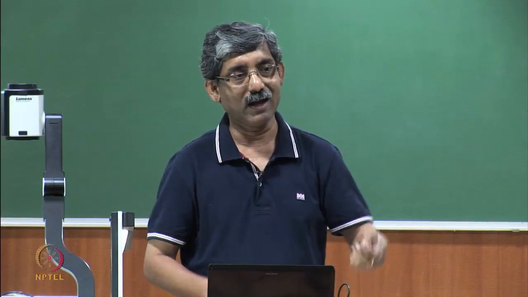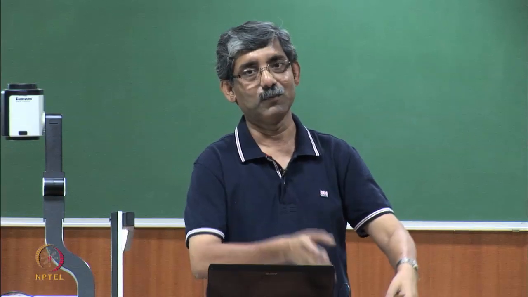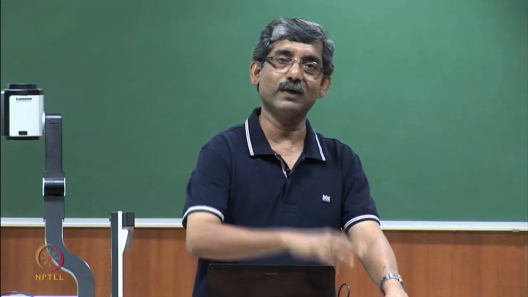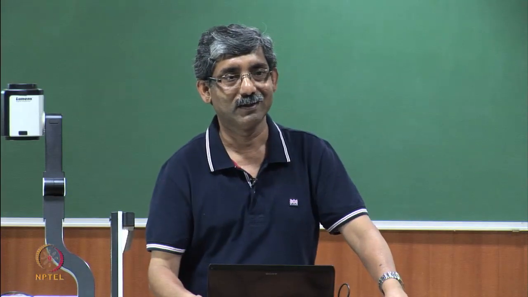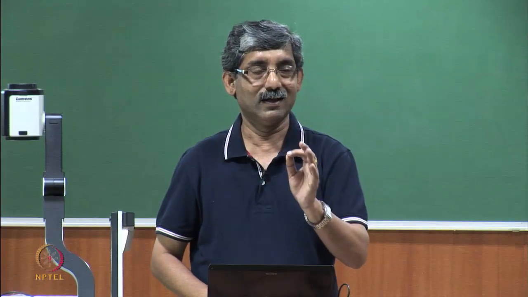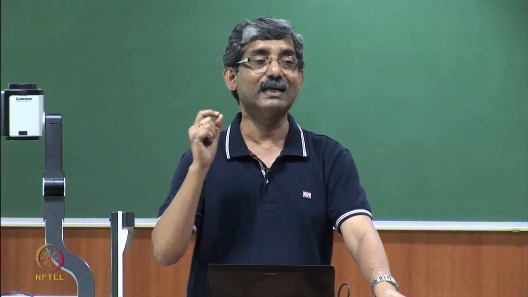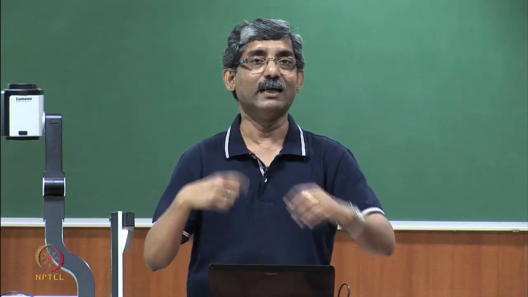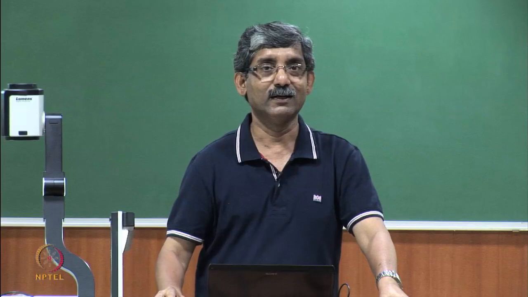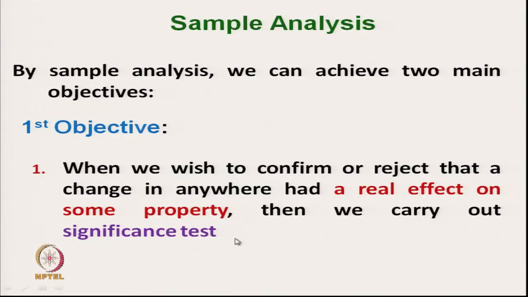We take a sample and test the strength before changing the twist, then after changing the twist we again take a sample, and from these two samples we can at least tell whether whatever change has taken place is a real change, or whether we can avoid that effect. So, that may be significant or insignificant. That significance test we can do by sample analysis, that is the first objective.